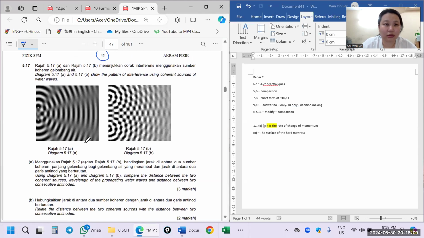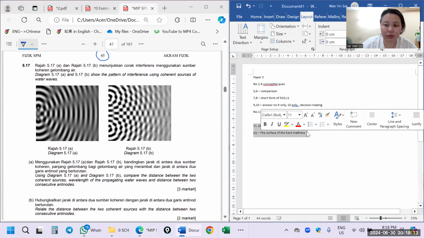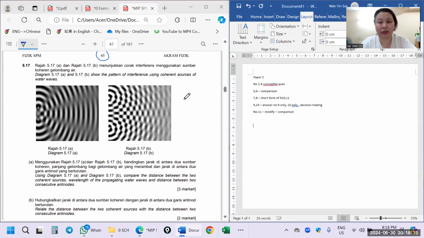Okay, so let's see module intervention. Let's say this is A. Then you write. They say using diagram 5.17a and 5.17b, compare the distance between the two coherent sources.